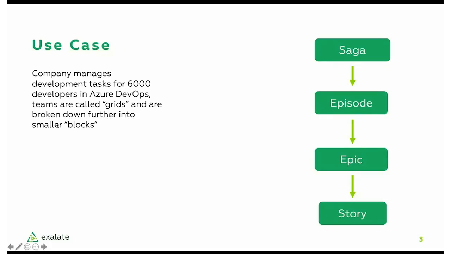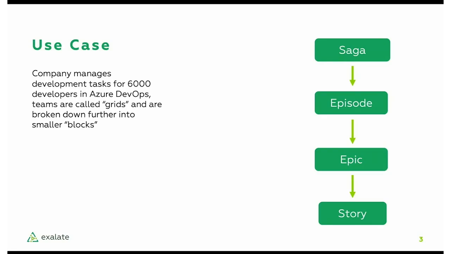Basically, this company is structured in a very particular way. They have 6,000 developers, which are divided in big teams called grids, and these grids are divided in smaller teams called blocks. And they're also using in Jira a Jira portfolio add-on that allows them to have issue types that are further up from the epic.